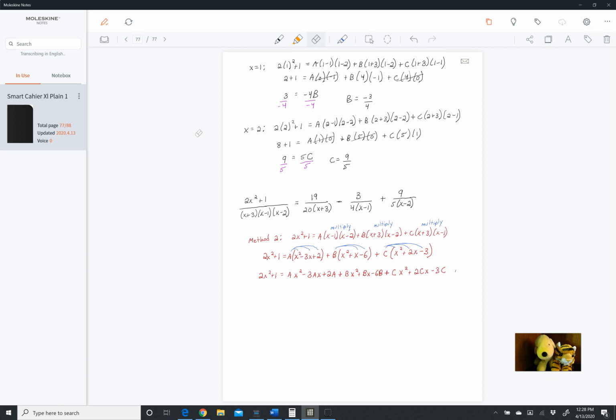Now we're going to rearrange so like terms are together. That means all of the x squareds are together, all of the x's are together, and all of the constants are together. So it's going to look like this.